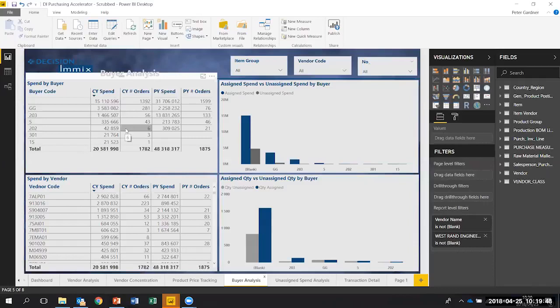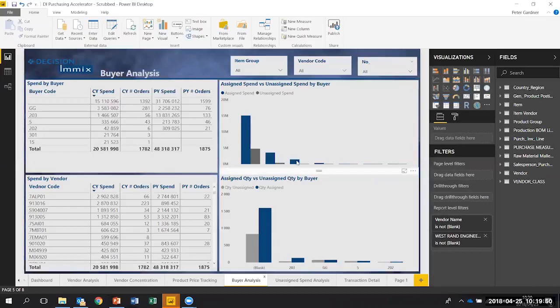And then what we've got on here as well is graphs showing you assigned spend versus unassigned spend. Basically, assigned spend is spend on items that are linked to either a production process or a product that the company sells.